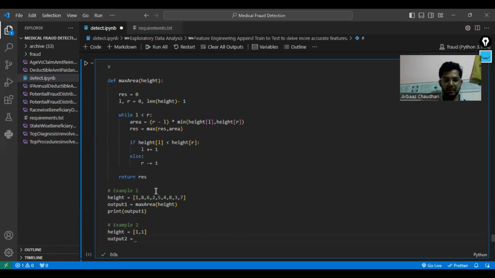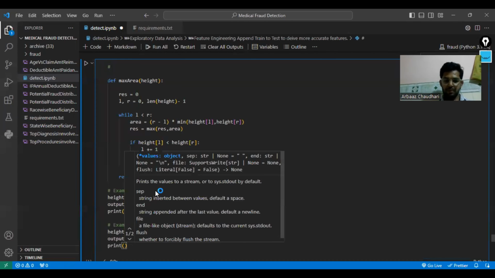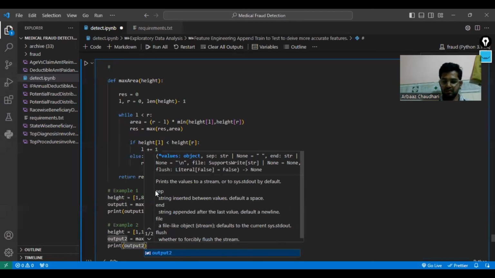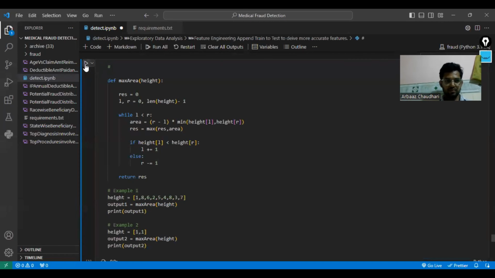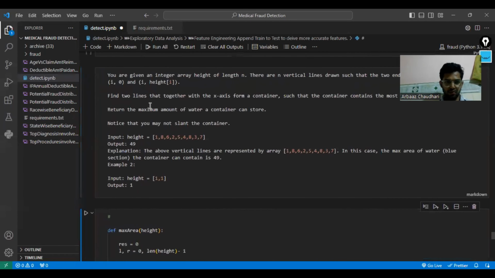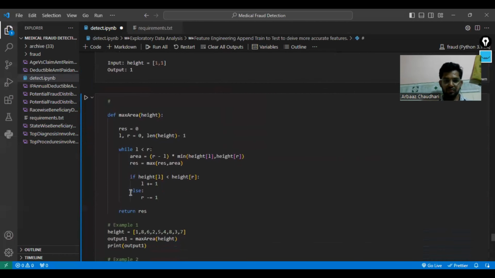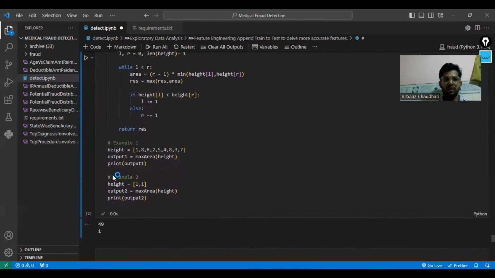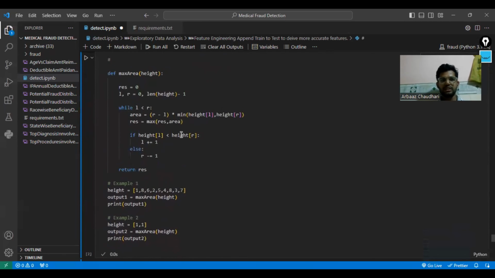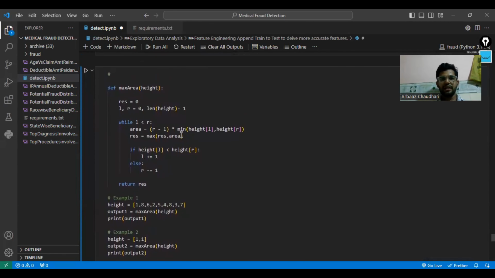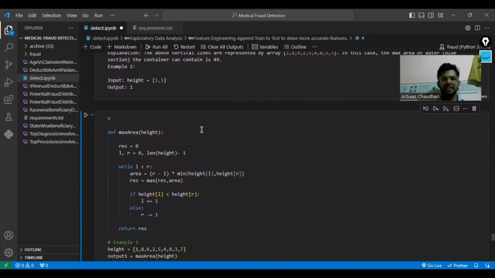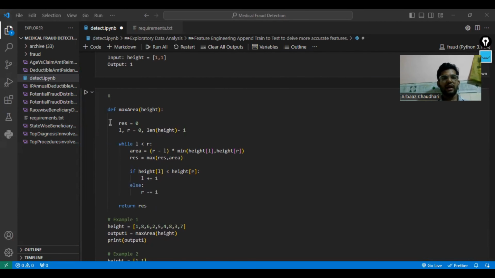This time I will take it once again. Function call, parameter is passed. I will print the output and check whether it is giving me the right answer. So yeah, I was able to find it. So this is the code which you can write to get the maximum area. So here I have solved that.